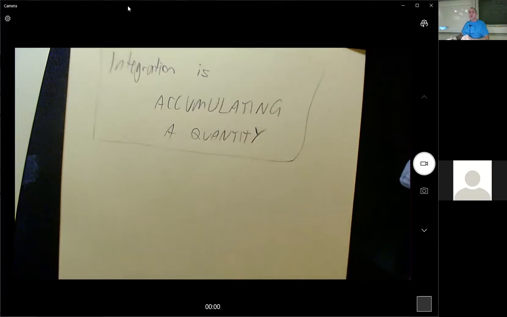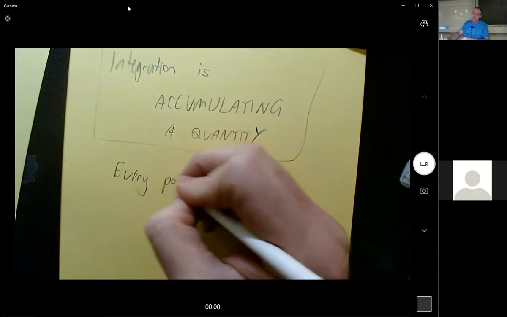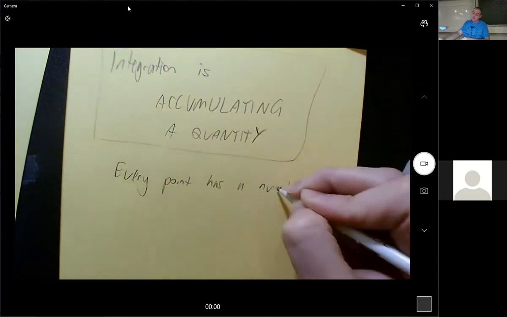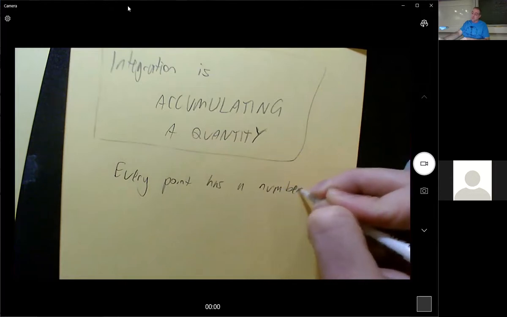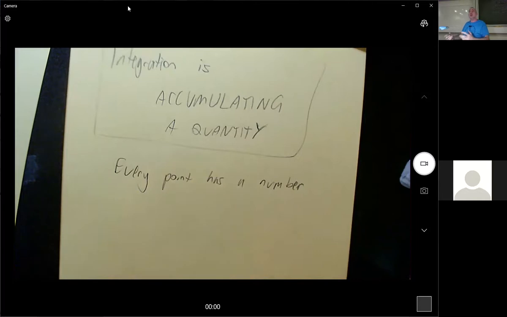So the idea is that you have some object and every point on that object is associated with a number. And you basically add up all those numbers, taking into account how much time, how much space it spends being that number.